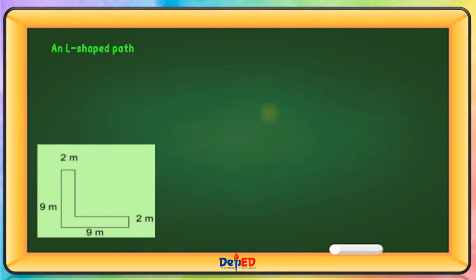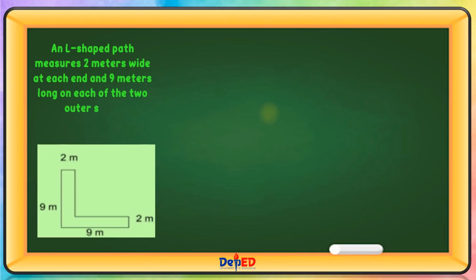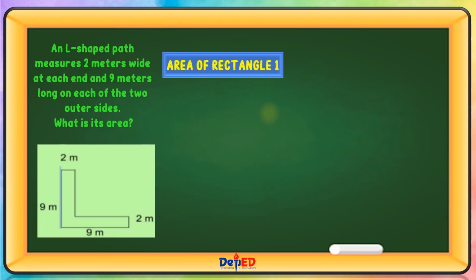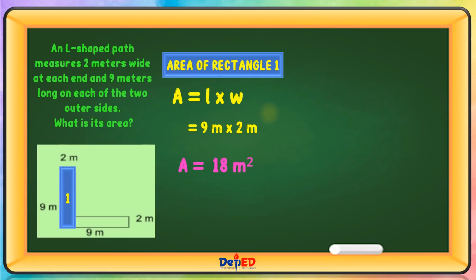An L-shaped path measures 2 meters wide at each end and 9 meters long on each of the two outer sides. What is its area? Area of rectangle 1 is length times width. Length is 9 meters multiplied by 2 meters, which is the width, equals 18 square meters.